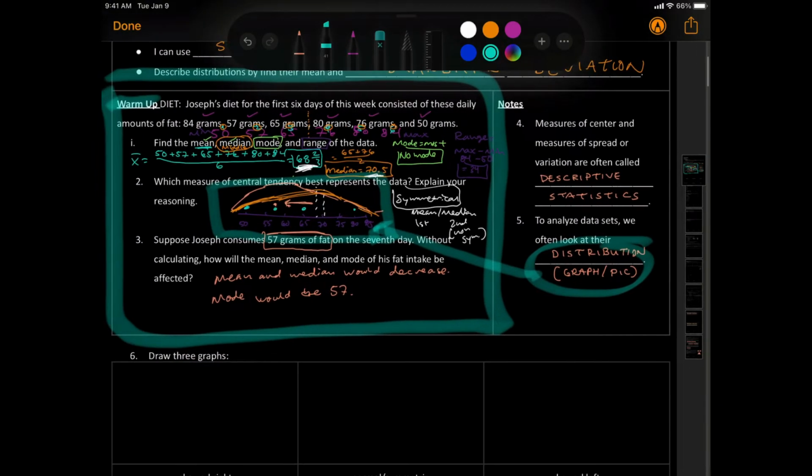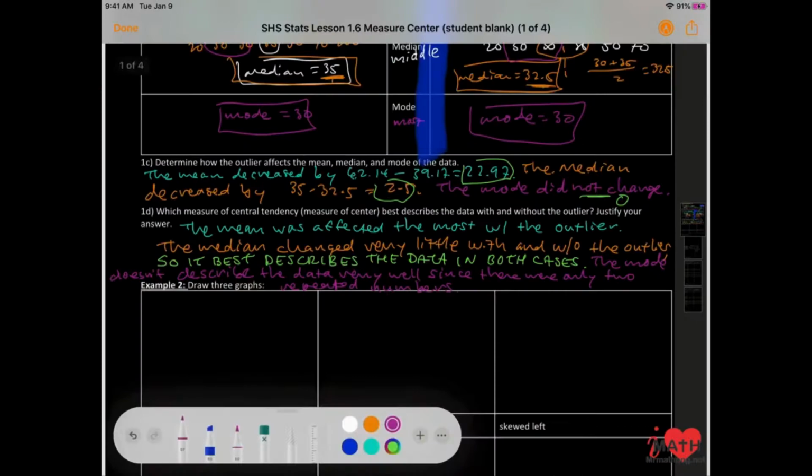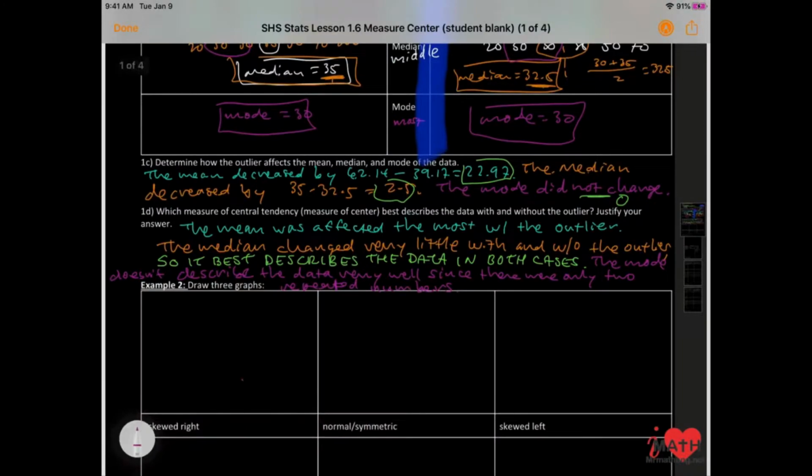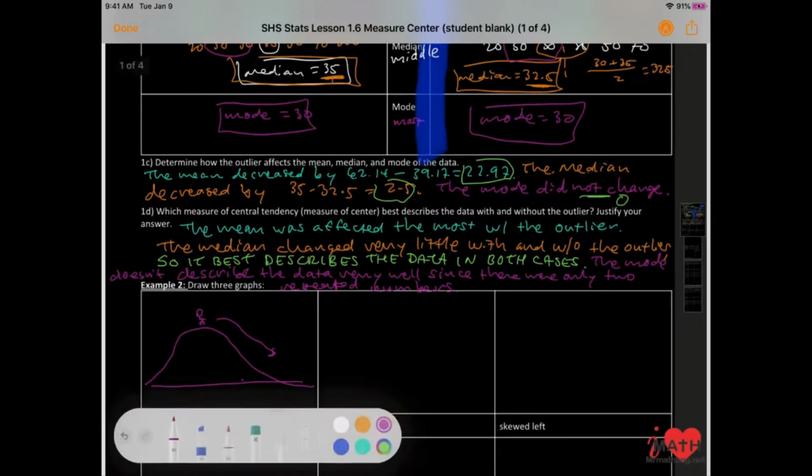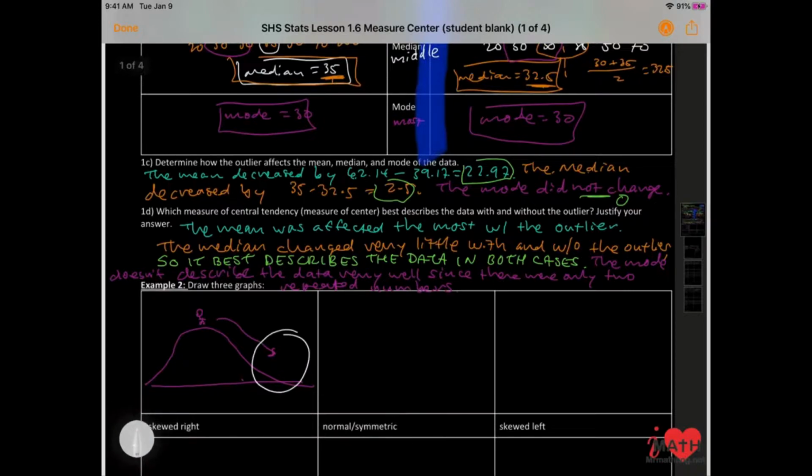All right, let's go ahead and draw 3 graphs. Let's do a skewed right. So remember, like you're skiing, here is flat ground and here's your hill. And there you go, you're going skiing to the right.